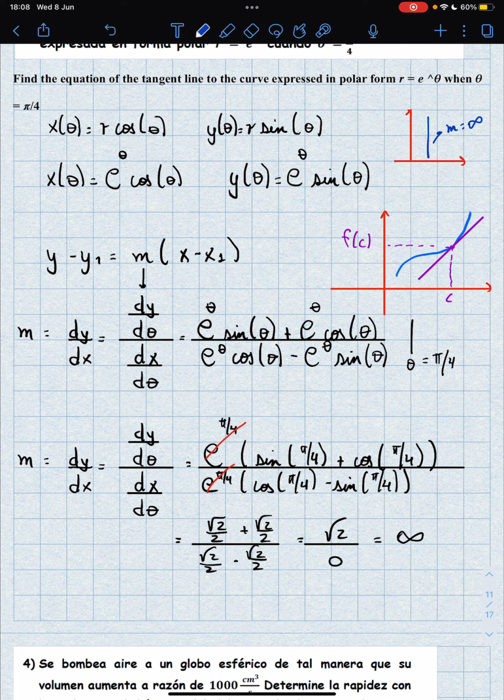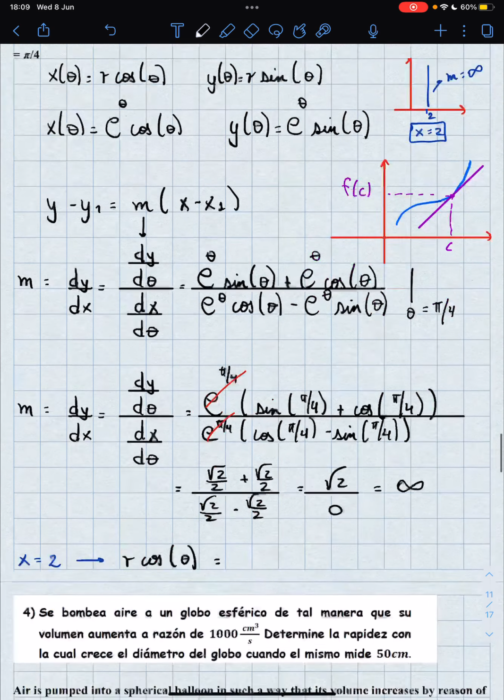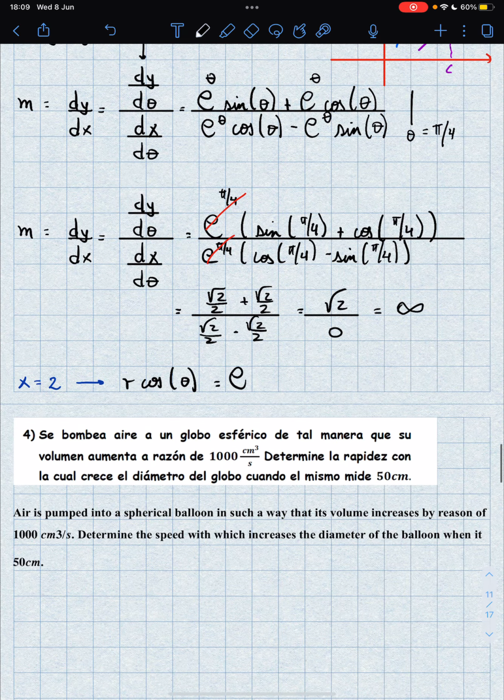Remember, x is r cosine of theta. So we're going to have r cosine of theta. If I replace it, r is e to the theta, times cosine of theta. But remember something, they're giving you a point, so you need to use that point.